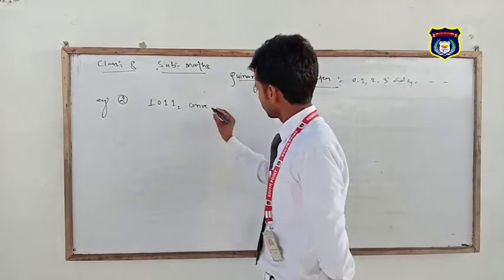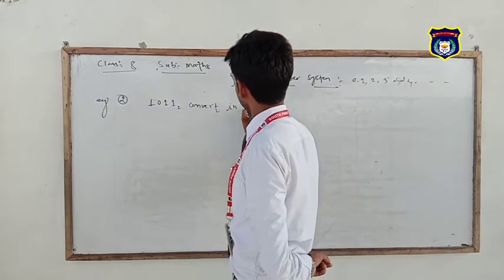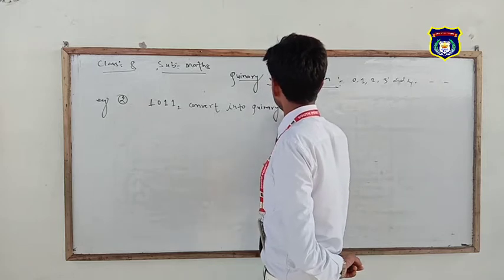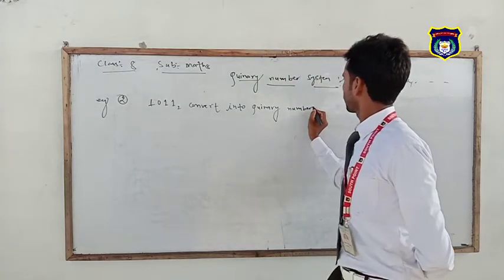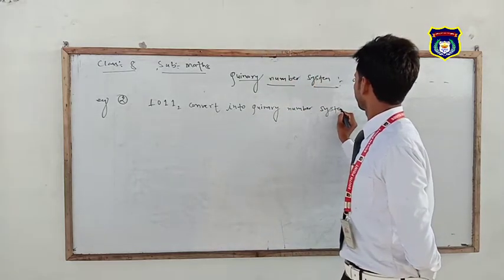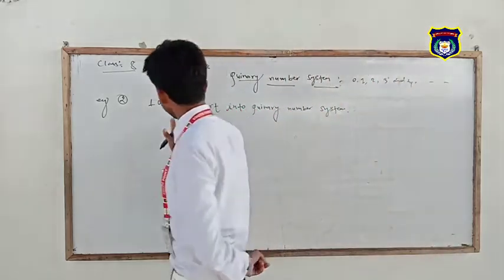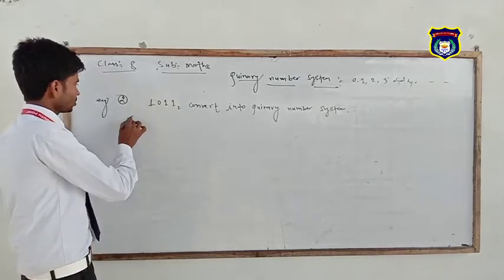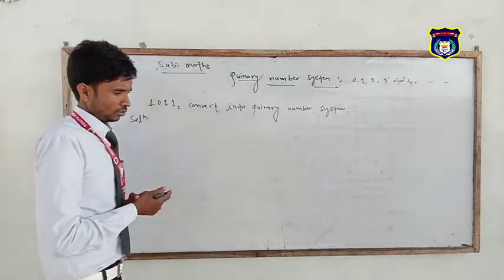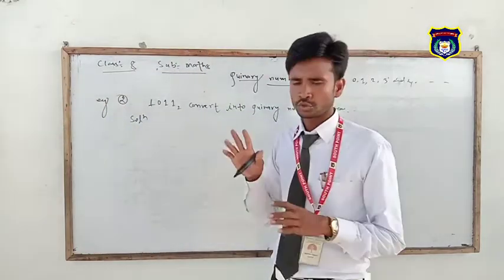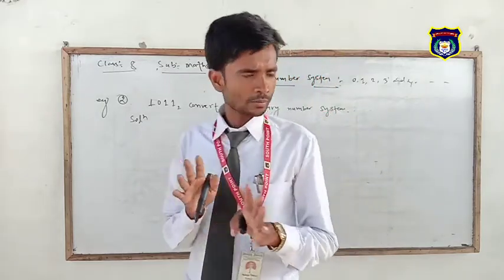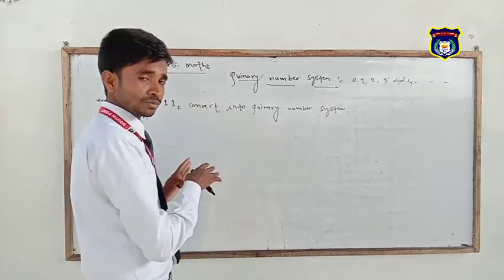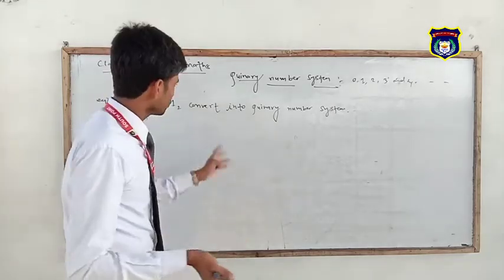Convert it into the quinary number system. How can you convert this binary number into the quinary number system? First of all, there is no direct process to convert binary into quinary. First, convert the binary number into the decimal number system, then convert that decimal number into the quinary number system.